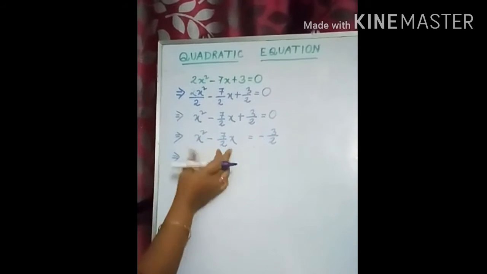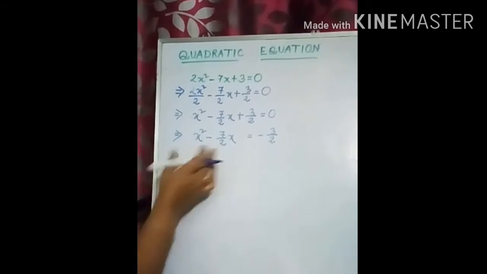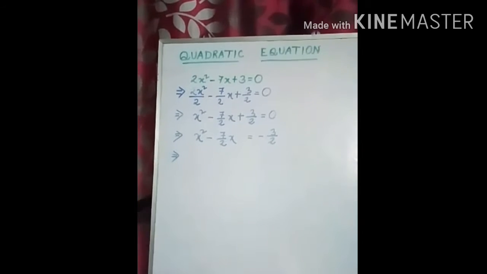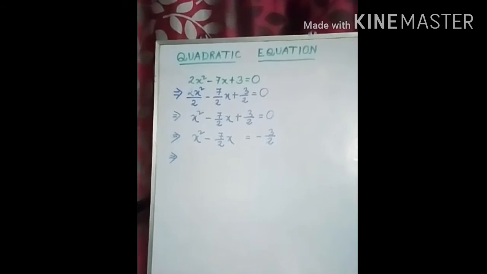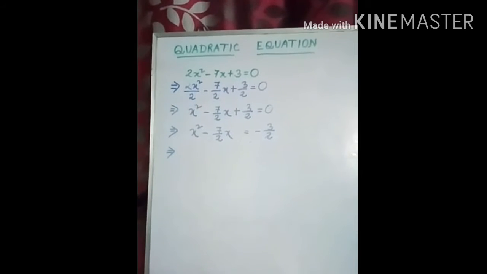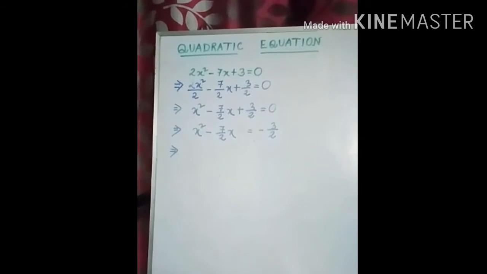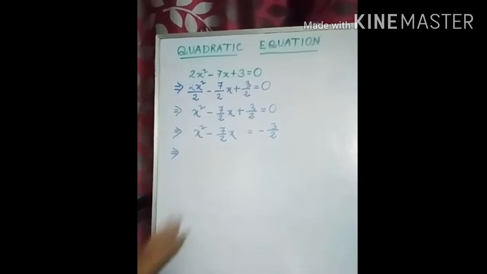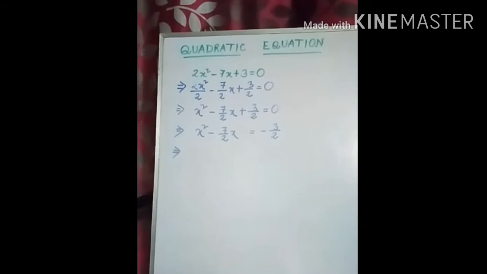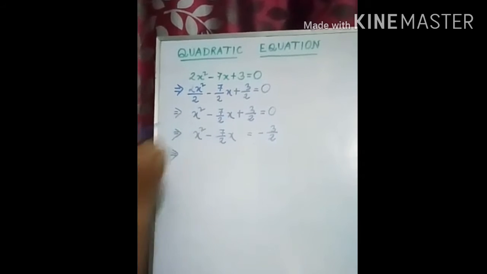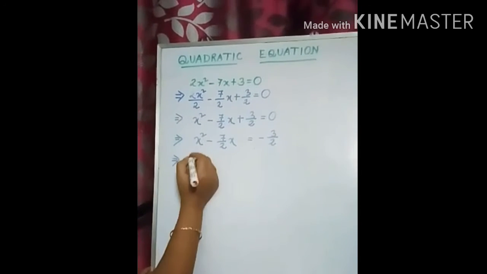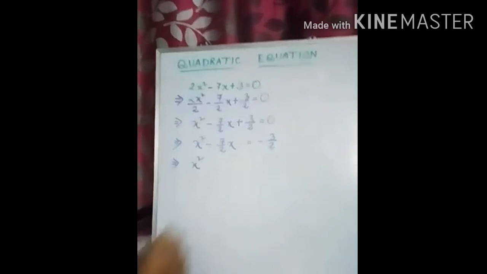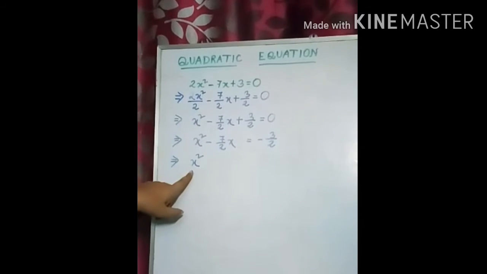After that, the left hand side part I will write in the form of a square. Here the question is the completing the square method, so I will try to write it in the form a plus b whole square or a minus b whole square. So how can I get it? Look, the first term is x square.